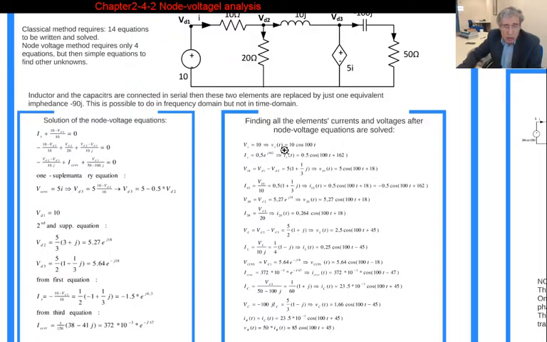So in here, all the phasors of all the elements' currents and voltages are found, and then all these phasors are transferred to time domain functions. You see the time domain functions here, they are all sinusoidal functions as we expected. In here we are finding the particular solutions only, therefore one sinusoidal function that we have found.